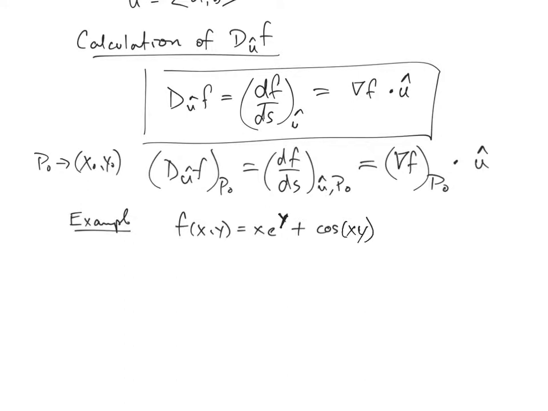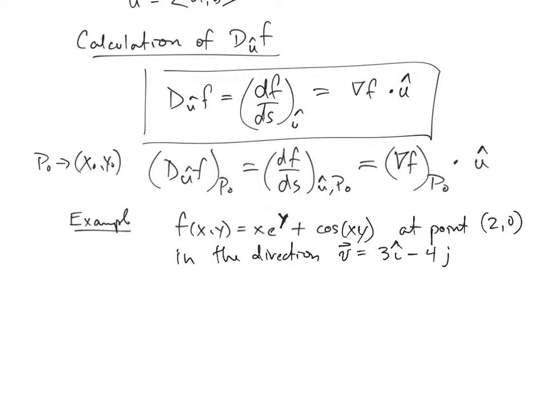We want to find the directional derivative of that at the point 2, 0, in the direction of a vector v equal to 3i hat minus 4j hat. So we're given everything: the function, the point, and a vector in the direction of which we need to find the derivative.